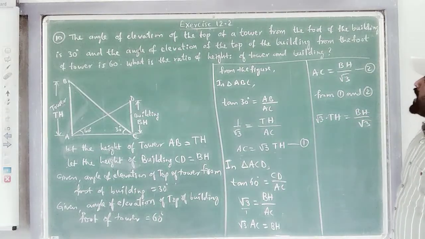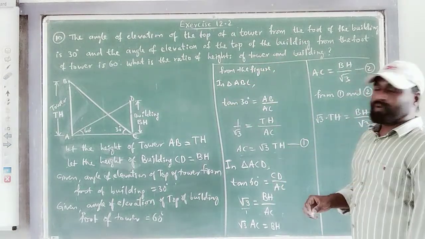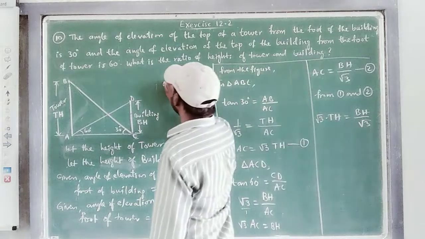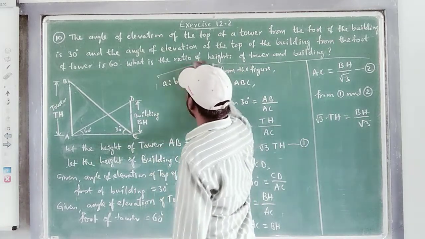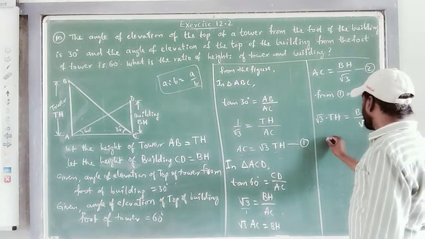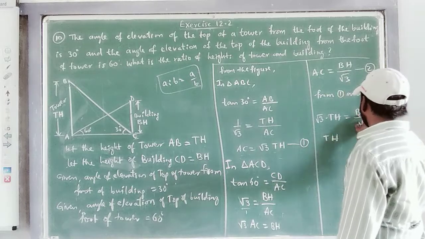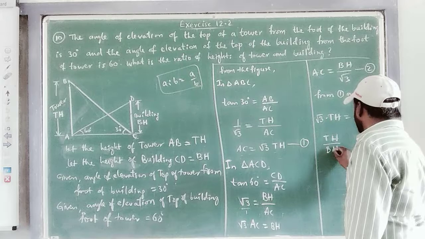Actually, we need to find the ratio of the heights of the towers. So ratio A is to B can be written as A by B. In another form, we can write it as A by B also. So in a similar way, I am taking this BH this side. TH as it is. When this numerator comes this side, it will be divided by BH.